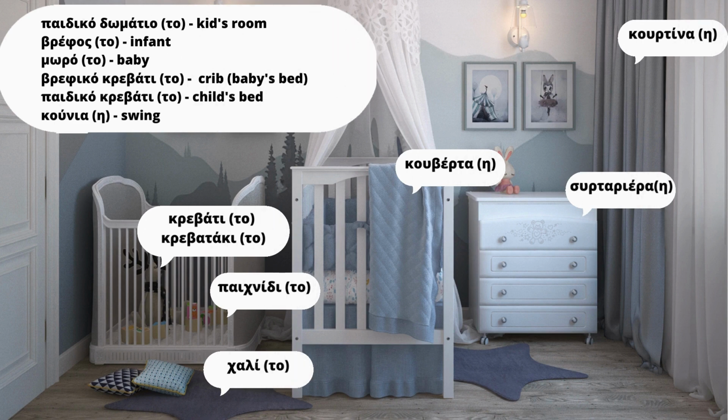Η συρταριέρα. This is exactly the same case as with the word η ραφιέρα. Because we had many shelves, we can call this kind of furniture ραφιέρα. Here, because we have many drawers, which are called συρτάρια, we can call this kind of furniture as a whole η συρταριέρα.